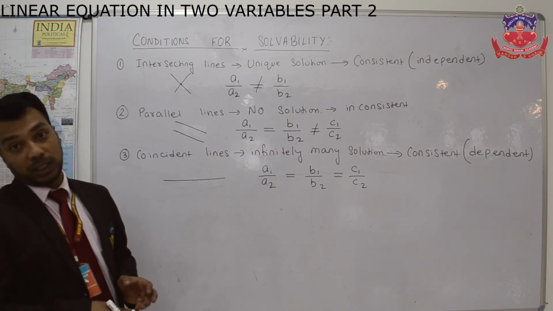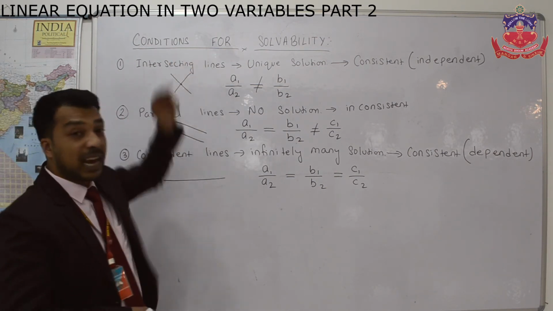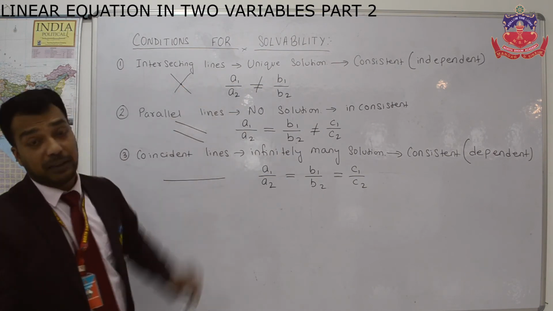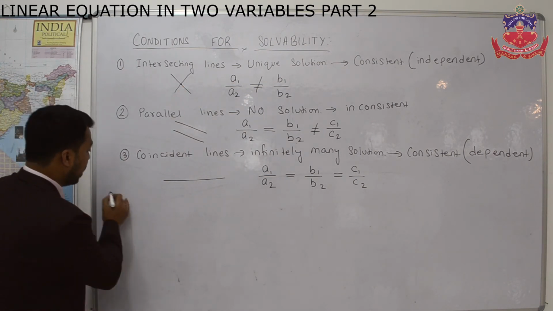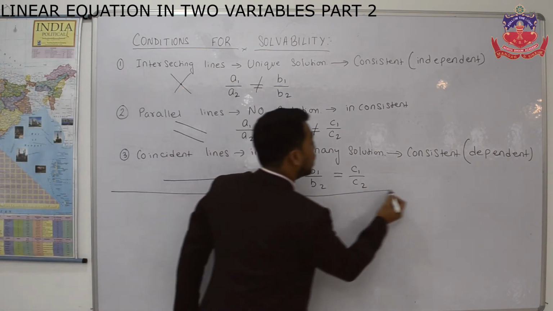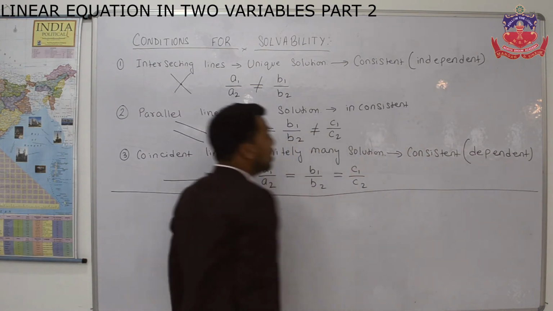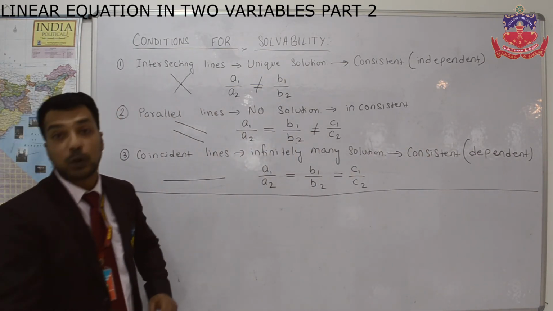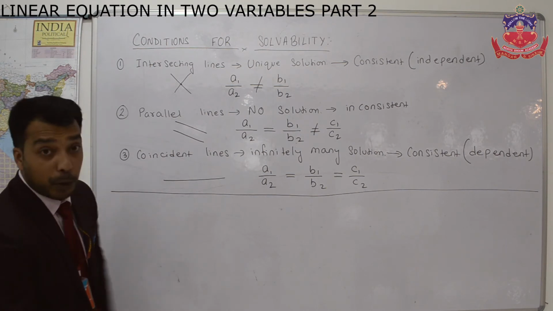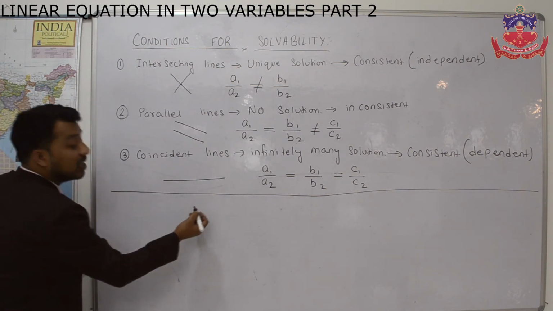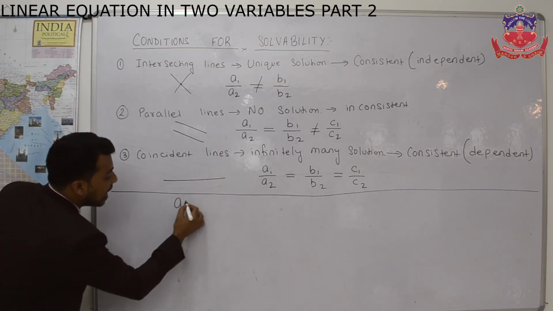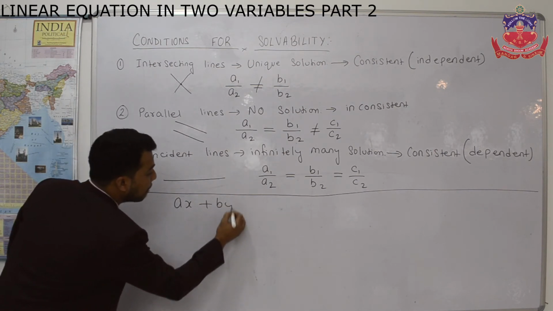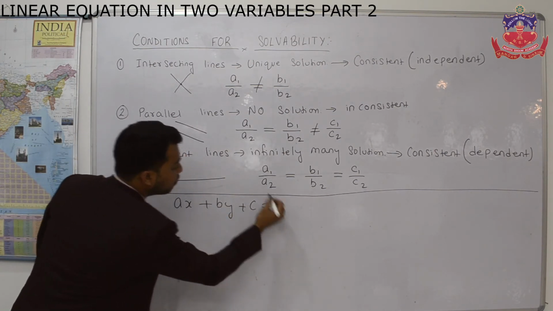Now the question is, what does this A1 stand for or what does this A2 stand for? Basically, in case of linear equations in two variables, they always give you two equations, which are known as your system. The two equations are normally written in the format ax plus by plus c equals 0.